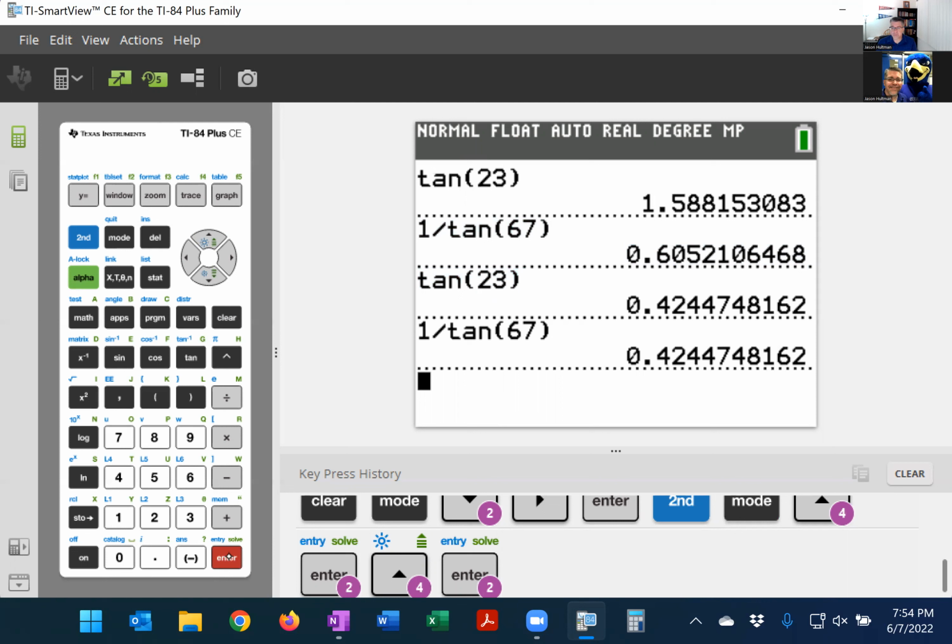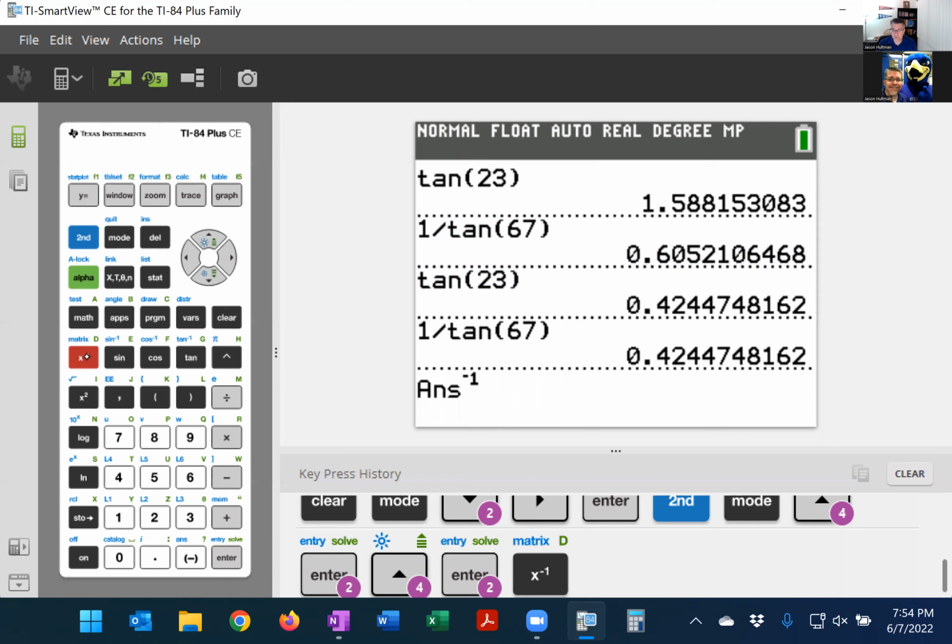Now, there is a button that will give you reciprocals on the calculator, and that is the x to the -1 button, but don't get this confused. This is a reciprocal button. This is not an inverse button, and we're going to talk a little later about inverses.